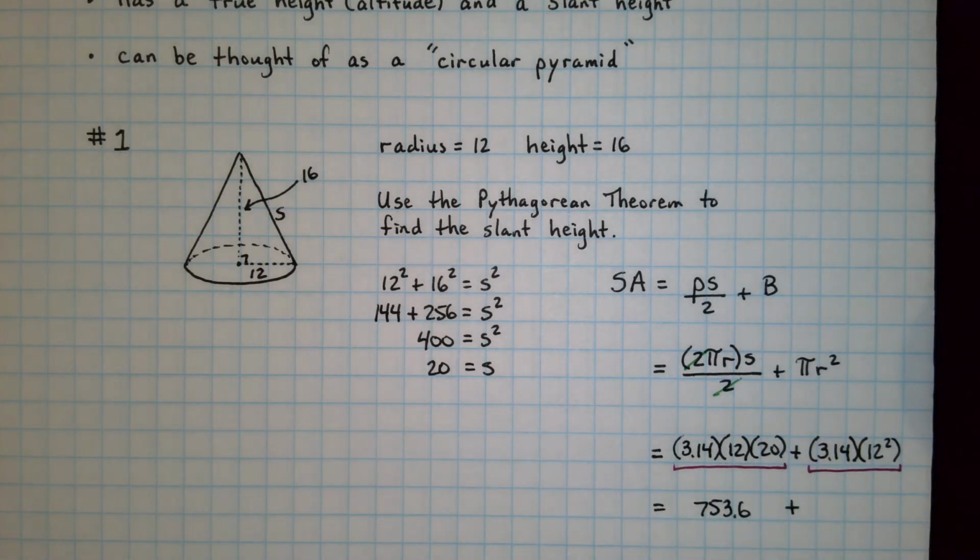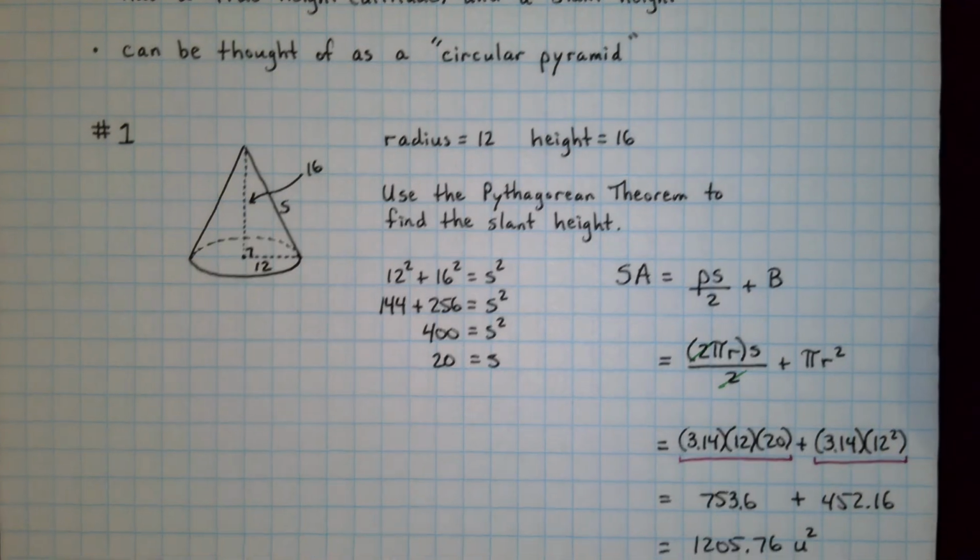And 3.14 times 12 squared, I get 452.16. And then our final total is 1,205.76. You can round however you need to. This will be units, and it is surface area, so squared.